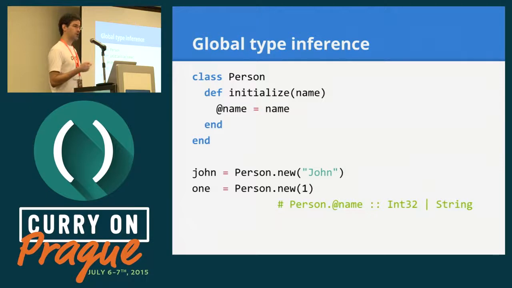But if later in our program we create a person with an integer, the name instance variable will get the type, a union type of integer and string. And this doesn't work well with data types. So if you have arrays or other collections, you want separate types for each collection. So we have the notion of generic types.